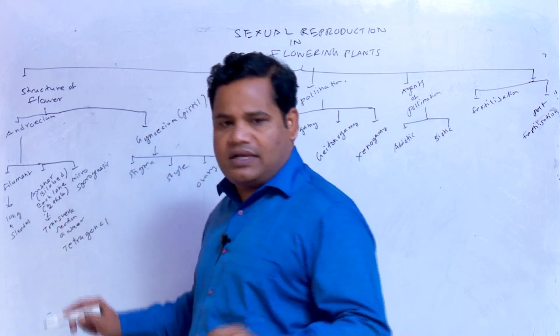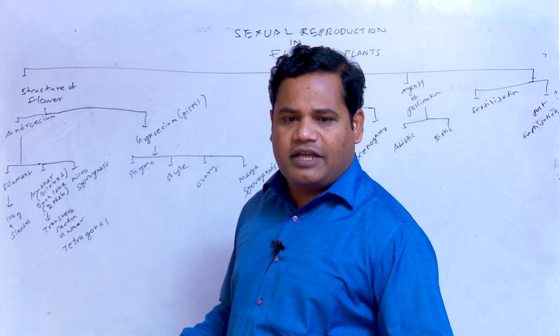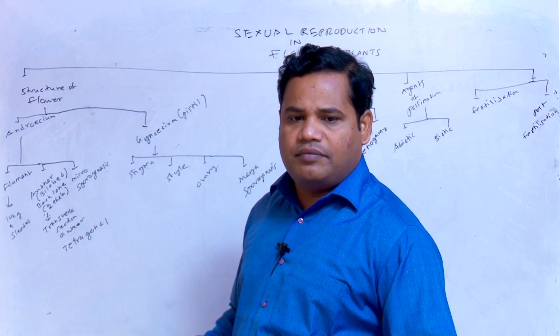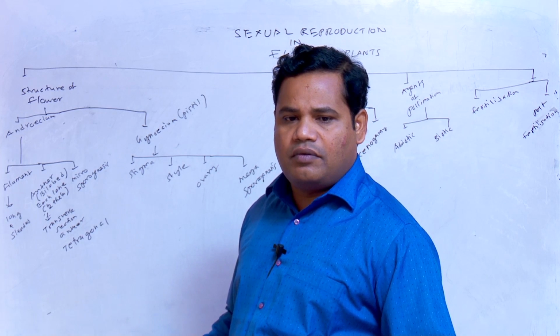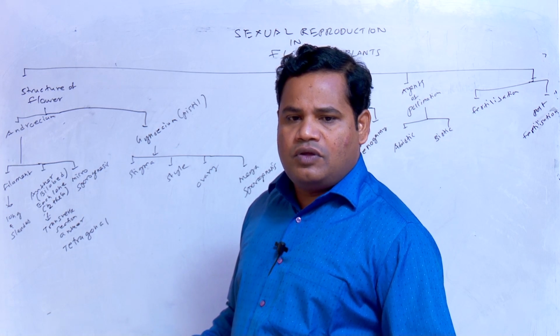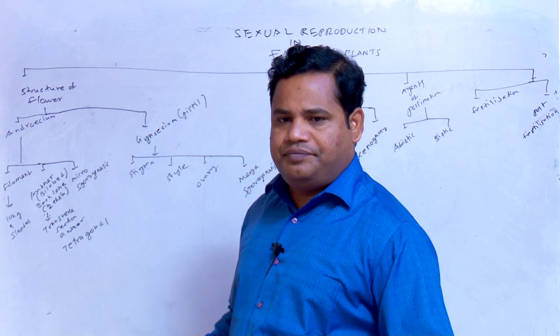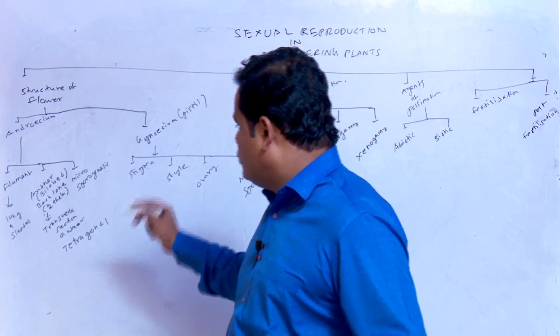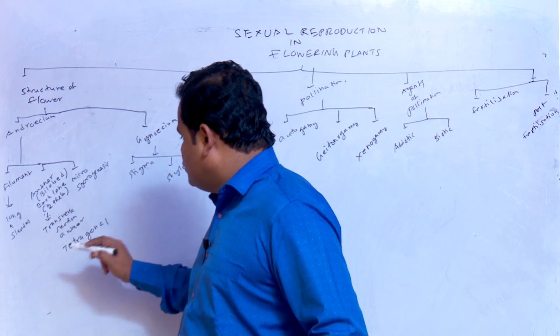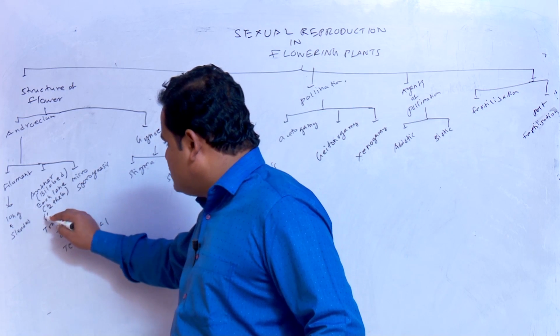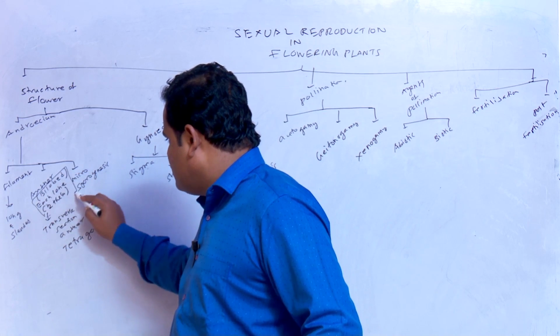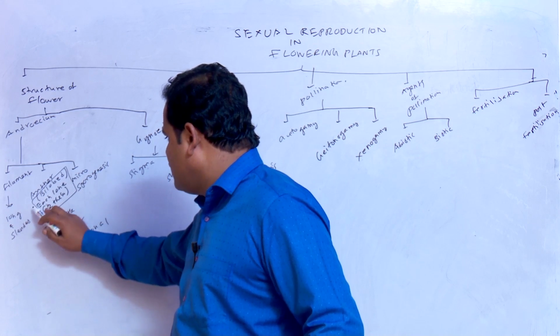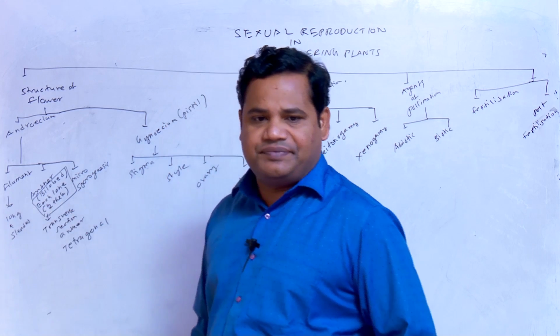Two theca being there is a characteristic feature, which we call dithecous.